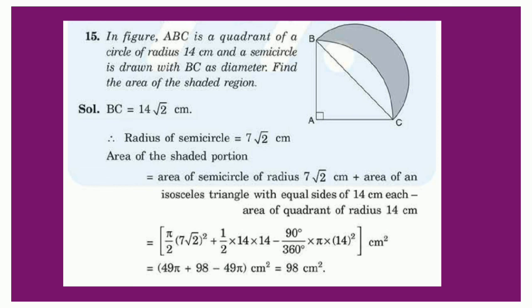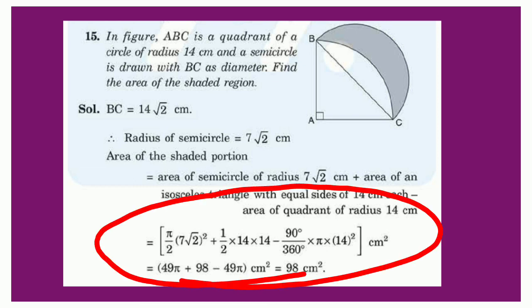In the figure, this is the area of the semicircle and this is the area of the isosceles triangle. Adding together you will get one answer, and subtract the area of the quadrant of radius 14 centimeter. You will get the area of the shaded region. Then the area of the semicircle is equal to half pi r square. Here the radius is 7 root 2, so half into pi into 7 root 2 into 7 root 2.